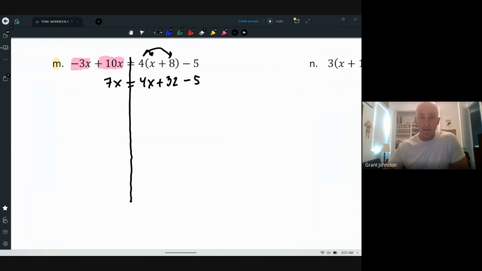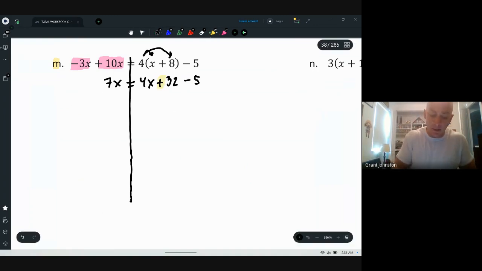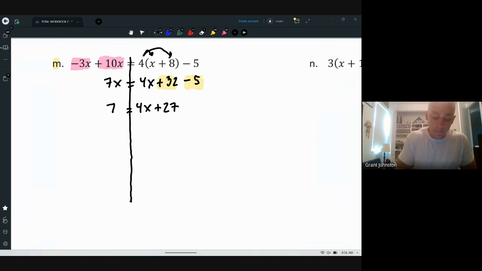I've got x's on both sides, so that's an issue. But I see I can combine some more stuff. For instance, I can combine the 32 and the negative 5. So 32 minus 5, that'd be 27. Okay, so I have 7x equals 4x plus 27. So I've distributed, I've combined all my like terms.